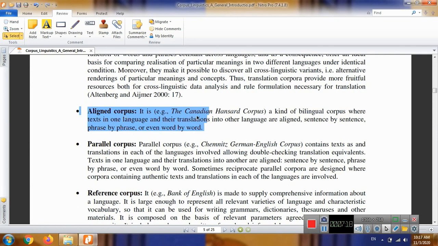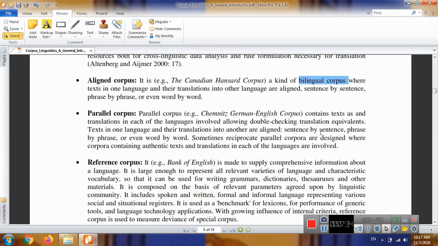Aligned corpus, like the Canadian Hansard corpus, is a kind of bilingual corpus where texts in one language and their translations into the other language are aligned, sentence by sentence, phrase by phrase, and even word by word. Another kind of corpus which is very similar to aligned corpus is parallel corpus.